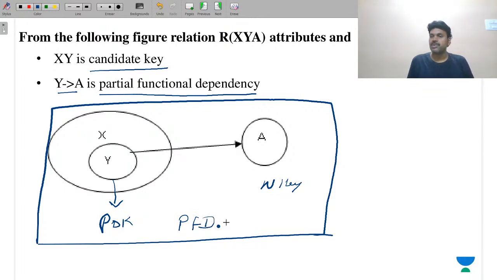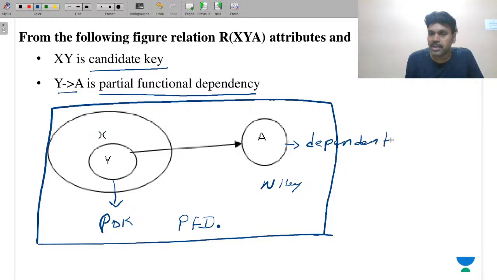Therefore, you have to remove it. Our main intention is the dependent, which in this case is A. Whether your dependent is depending on the complete key column or half of the key column. If your dependent is depending on the complete key XY, then it is a full functional dependency. If your dependent depends on only half of the key, then it is called partial functional dependency.